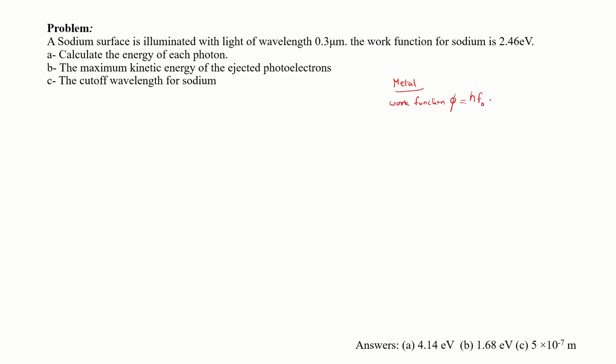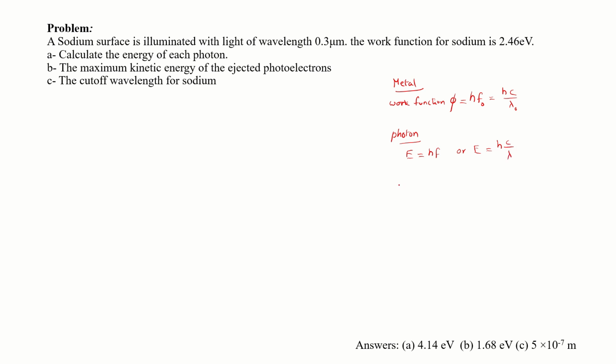We can also write it in terms of wavelength, that is hc by lambda naught, the cutoff wavelength. This is the work function. Next, the photon. A photon has energy E equal to hf, where f is the frequency, or another formula, E equal to hc by lambda.